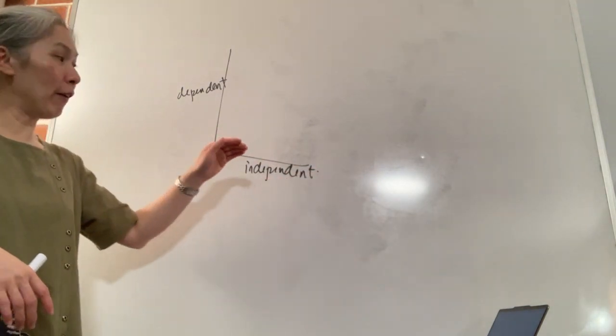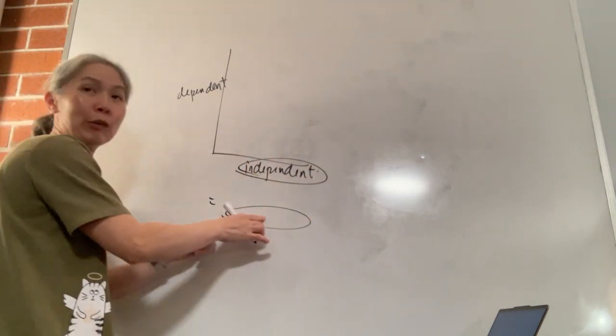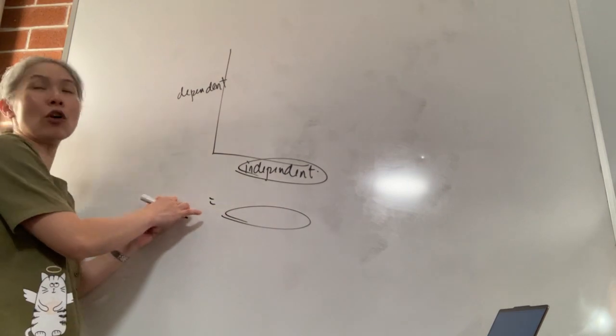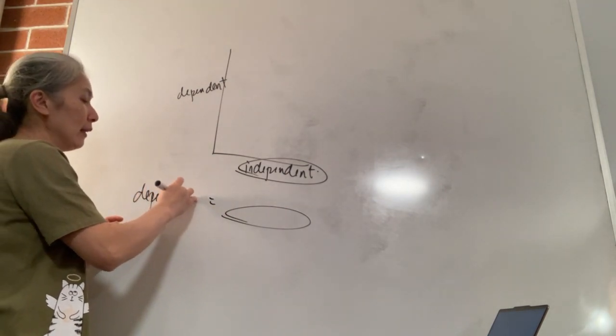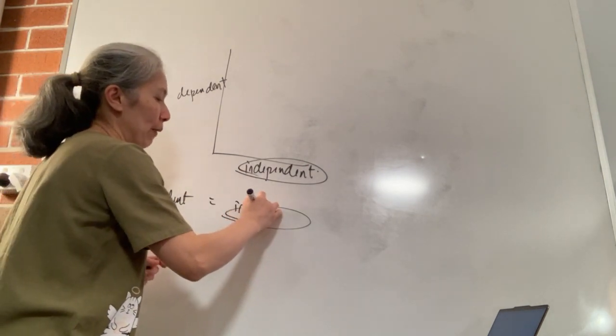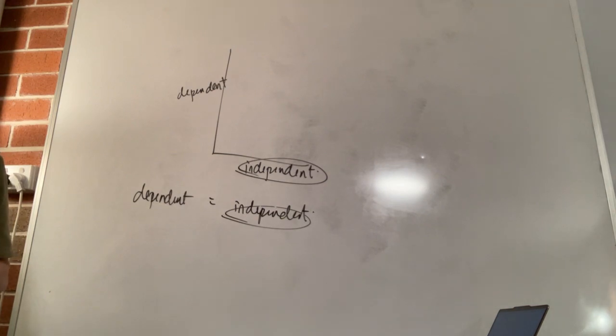So if something is independent, it is on the right hand side of the equation. Dependent is on the left hand side of the equation. If you want to write this, dependent equal to something independent. All good? So these are some basic things that you need to know. And then we can start writing the equations.